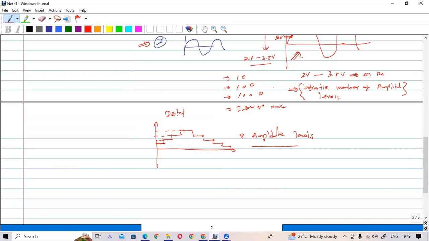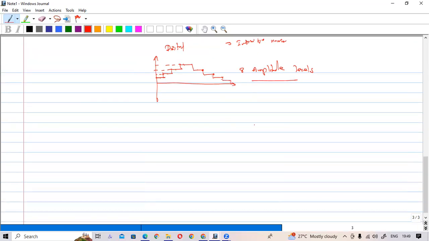So if you consider a digital signal, again tell me how many amplitudes are there. If you get a digital signal, how many amplitudes are there? There are a finite number of amplitudes.